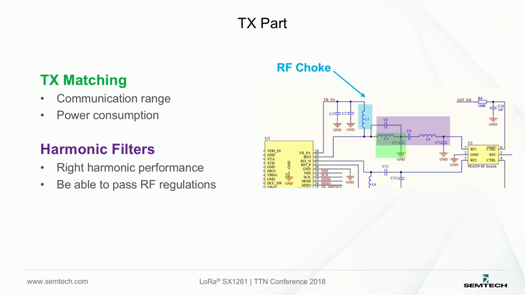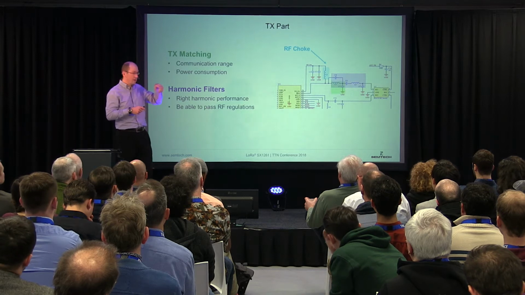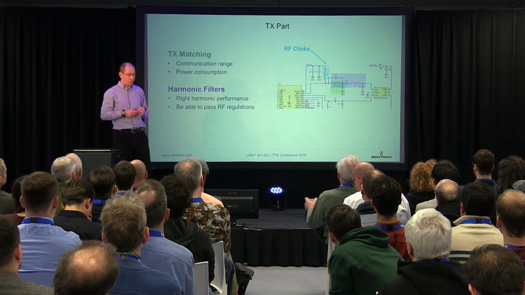And in green is the most important part, the TX matching stage. For the integrated PA, the high power PA inside the 1261, to deliver the right output power, you need to provide the right load to the PA so that it can generate the right output power and finally the right signal for your application.